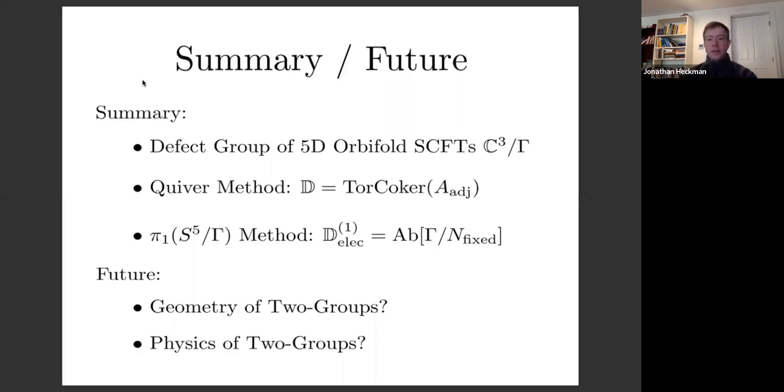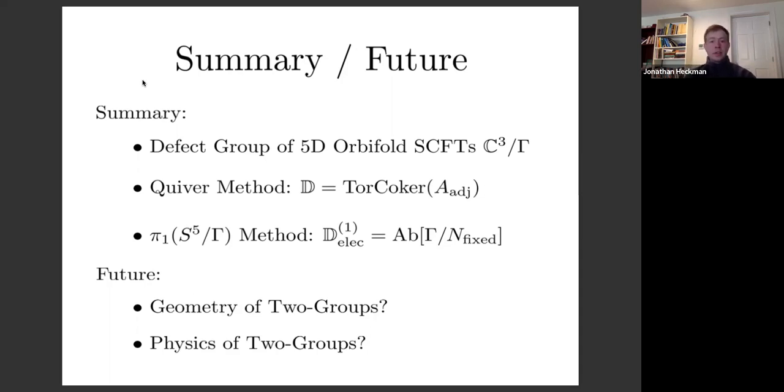And then of course, another interesting piece to the story is, okay, great, so you've computed this two-group. What is it good for? Right now, I would say the best thing you can use it for that I'm aware of is detecting various aspects of RG flows, if it has an anomaly and quantities like that. It's also, if you like, just intrinsic data of the field theory.